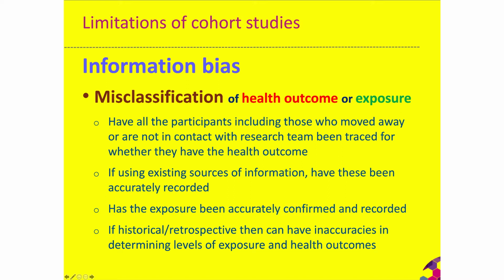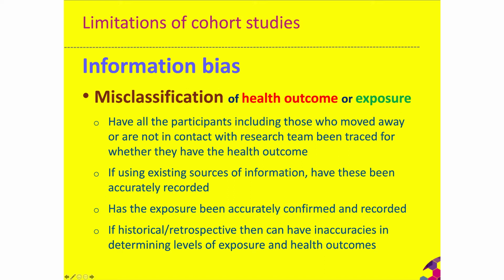So have all the participants, including those who moved away or are not in contact with the research team, been traced for whether they have the health outcome? If using existing sources of information, have these been accurately recorded? Has the exposure been accurately confirmed and again accurately recorded?